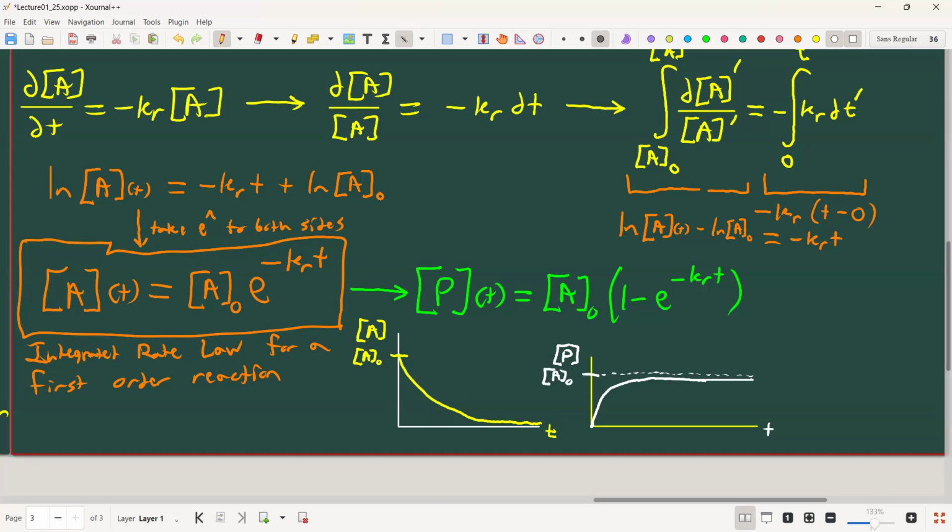This is a classic first order reaction. What this tells us, which is nice, is that if you take the log of the concentration as a function of time, it's a linear function in t.